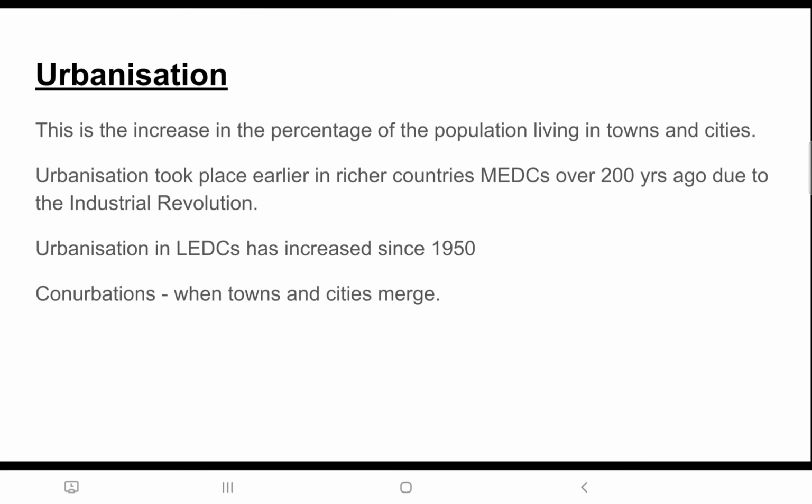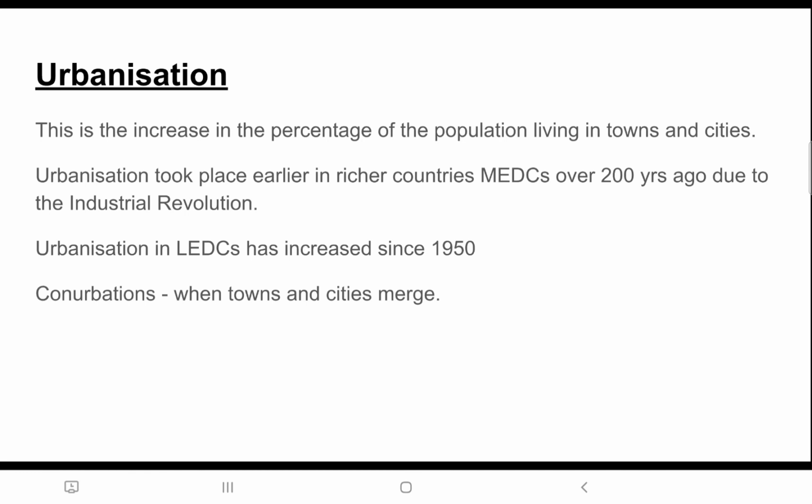Conurbations are when towns and cities grow outwards and merge with other towns and cities. It creates something called a conurbation. One example of this is the world's largest urban area, which is in Japan. It's Tokyo-Yokohama, which was formed by the merger of the city of Tokyo and the city of Yokohama.